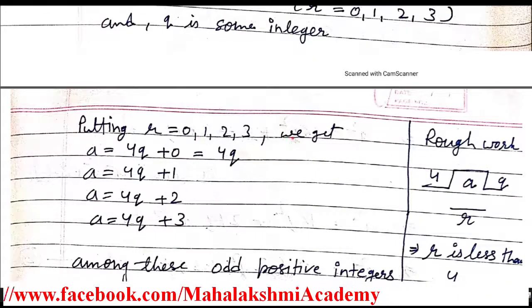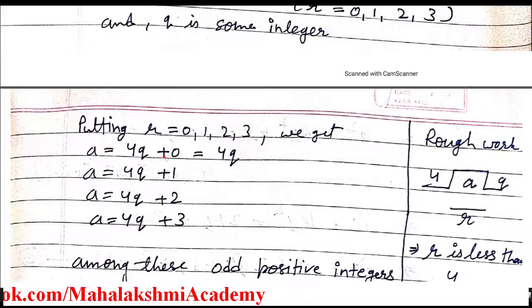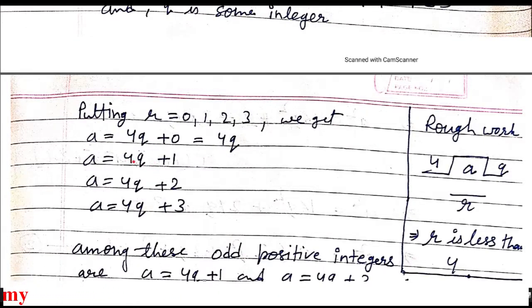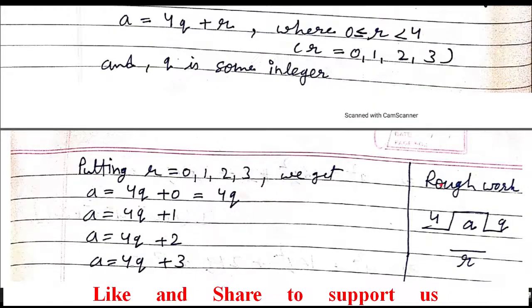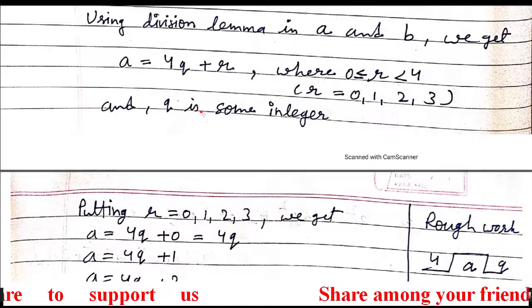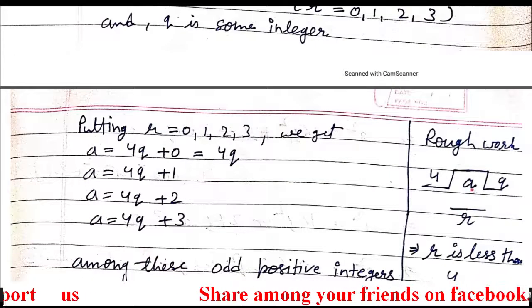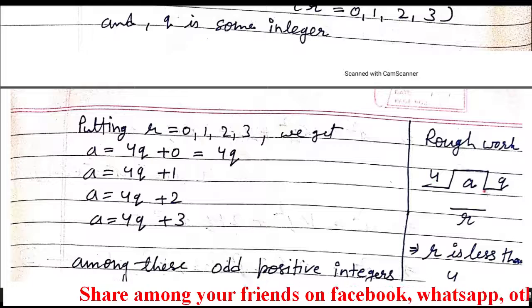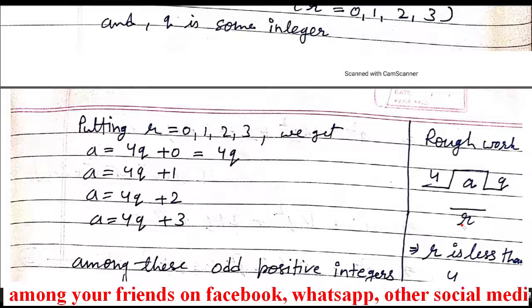So putting r, we get, when we substitute 0, it is going to be only 4q. When we substitute 1, 4q plus 1. Then when we substitute 2, a is equal to 4q plus 2, like this. Now students, this equation, a is equal to 4q plus r, I explained that when we divide a by 4, q is the quotient and r is the remainder.